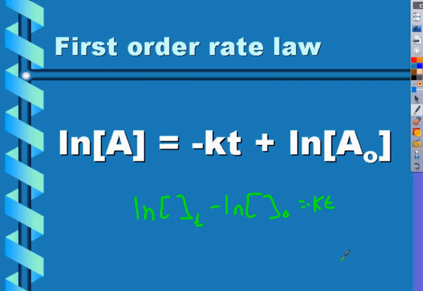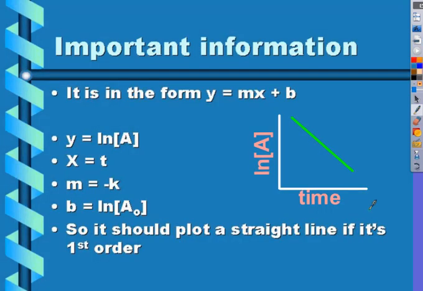It looks like so. I've written it the way that I did on the board because it's now in y equals mx plus b format. And so my y axis is ln of A, my x should be time, slope is negative k.